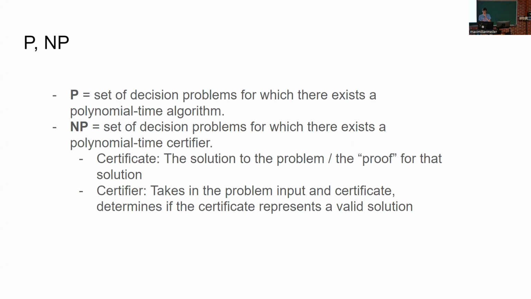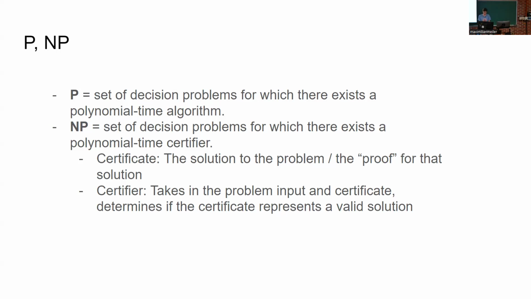The way they presented this in class is with a certifier and certificate idea. The certificate is essentially a solution to a problem, or the proof that goes alongside that solution. And then the certifier takes in the input and that certificate, and says, is the certificate a valid solution for that input?